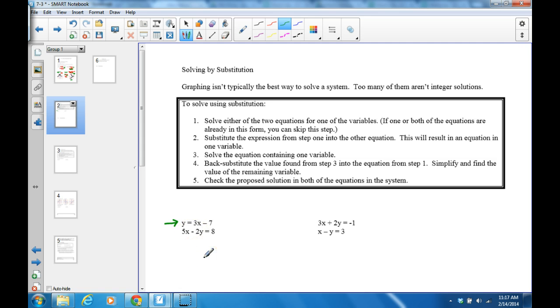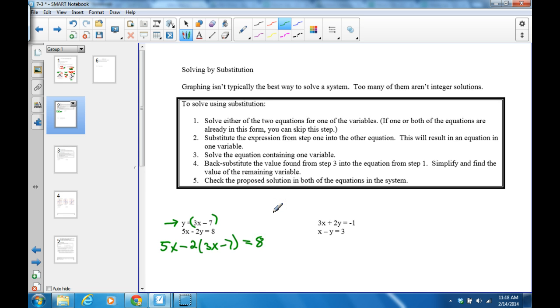Okay? The second part says substitute the expression from step 1 into the other equation. Well, I know my y equals 3x minus 7. I'm going to put that into y. So it's going to be 5x minus 2 times 3x minus 7 equals 8.